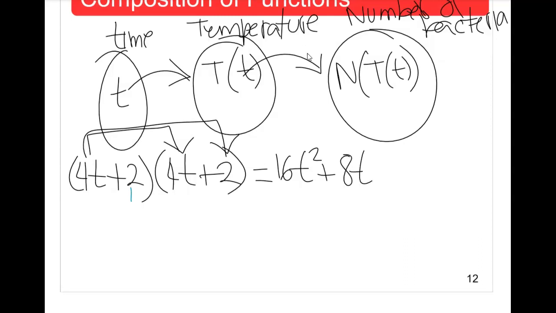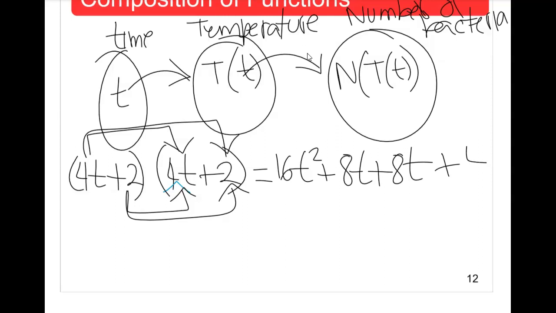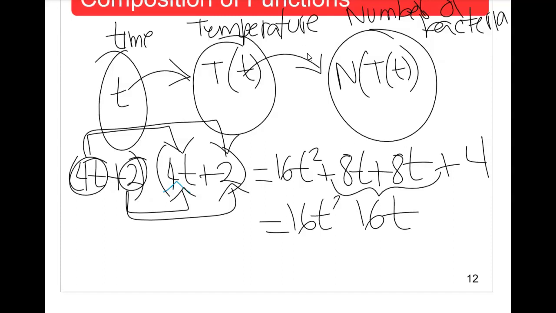Then 2 times 4t is going to equal 8t again. And then 2 times 2 is going to equal 4. If we combine the two in the middle, which is twice the product of 4t times 2, 8t plus 8t is going to be 16t. And then here we have 16t squared plus 16t and then plus 4.